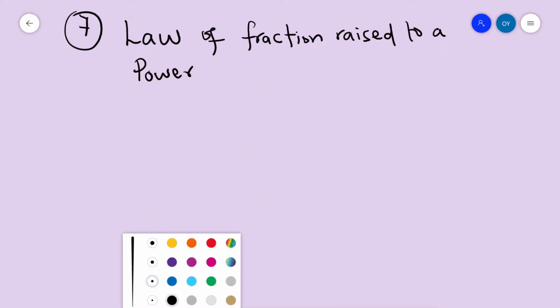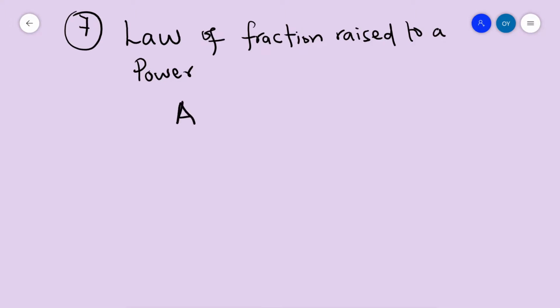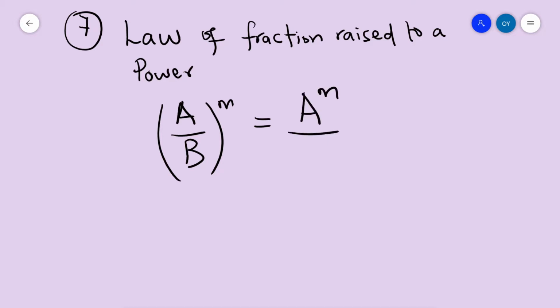The law of a fraction raised to a power. So we have a over b all to the power of m. Here, both the numerator and the denominator are affected by the power. So we have a to the power of m over b to the power of m.